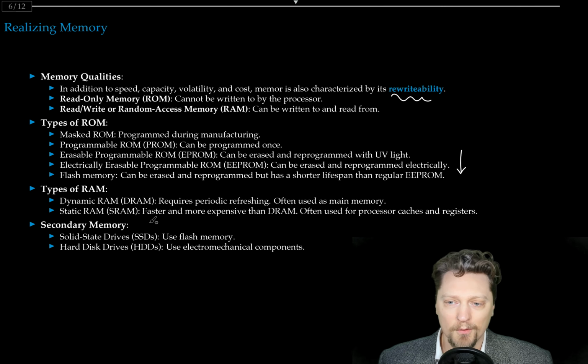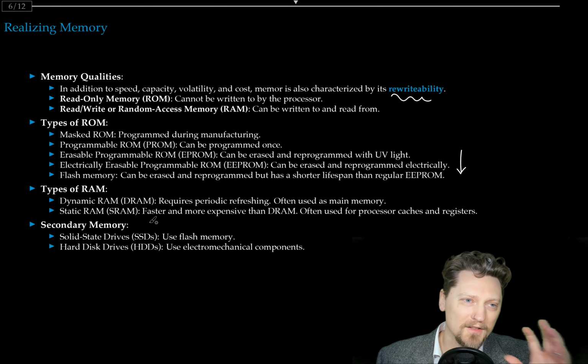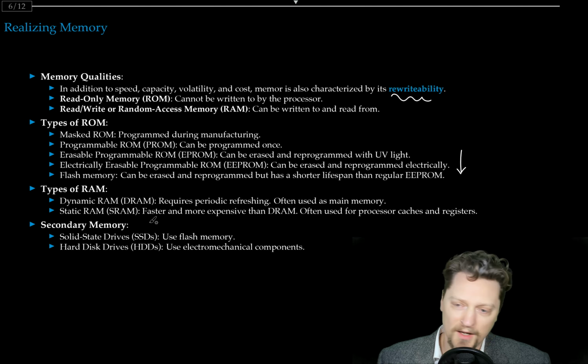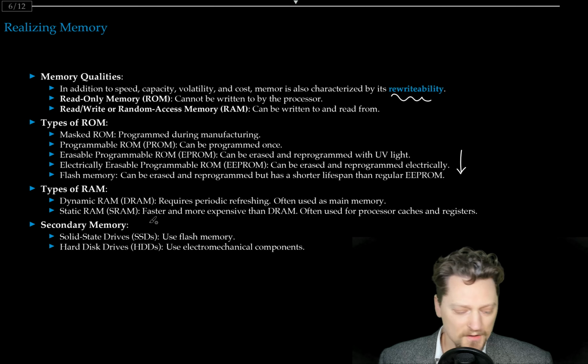It's often used for processor caches, which is a type of memory that's very close to the processor and accessible to the processor, and registers as well, which are very tightly integrated with the operations of the processor.